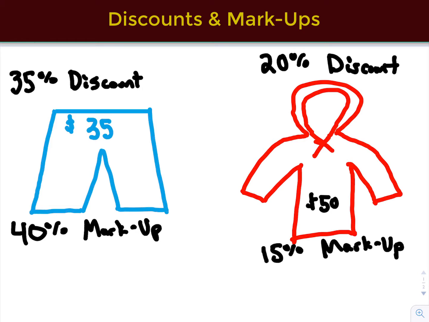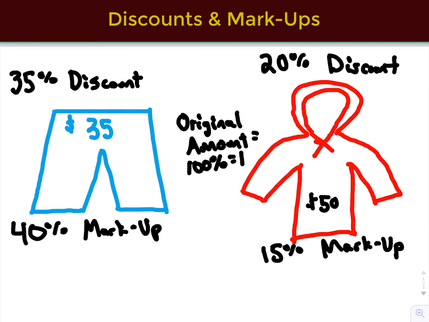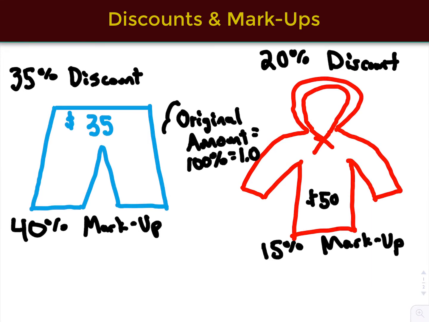So when we talk about the original amount, one thing that's important when I go through these is that the original amount is always 100%, which equals one whole, 1.0. So this is really key to remember, that when I'm thinking about the original amount, it reflects 100% of the price.